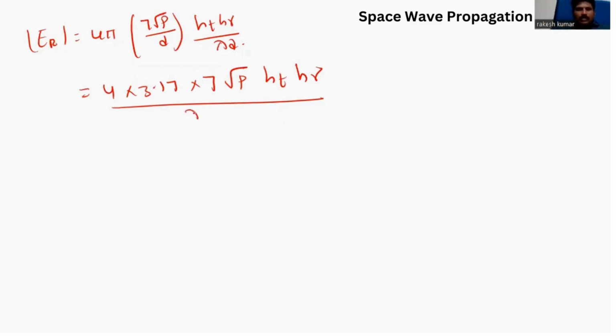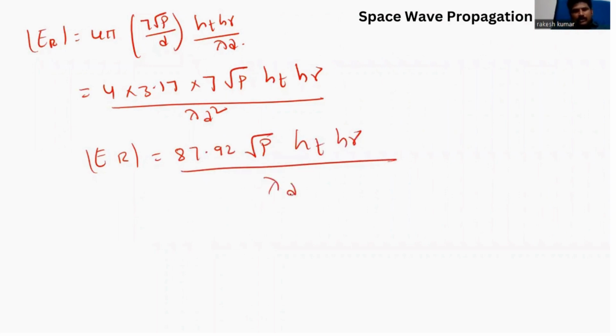And by lambda d square. Okay, so therefore, mod ER is equal to 87.92 root P into ht hr by lambda d square.